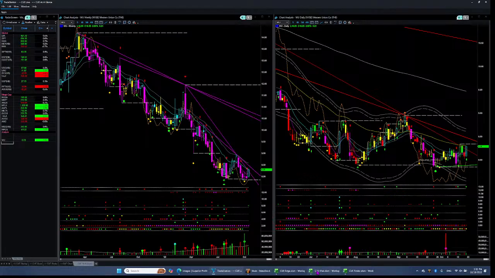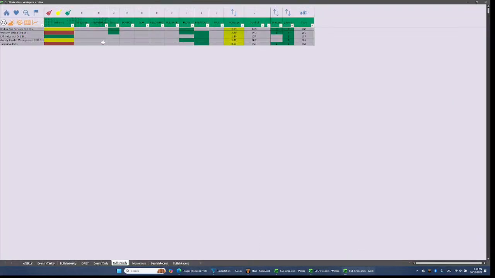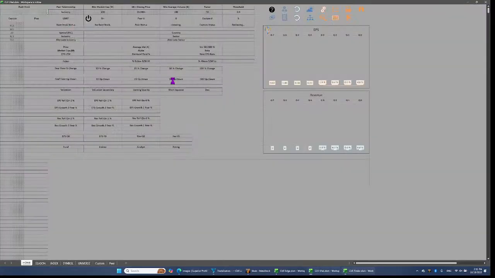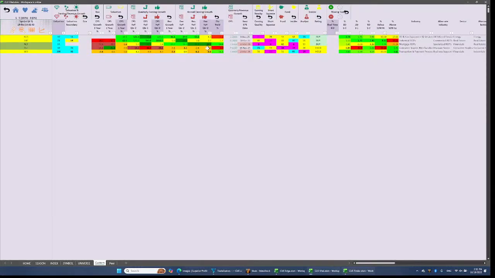And another reason is, if you look at these few stocks, let's create a scorecard of only these few stocks. And look at their dividend yield.